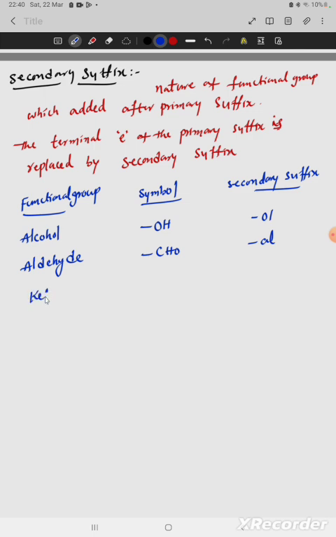Next functional group is ketone. It is carbon double bond O. Here the secondary suffix for ketone is O. Next, carboxylic acid.